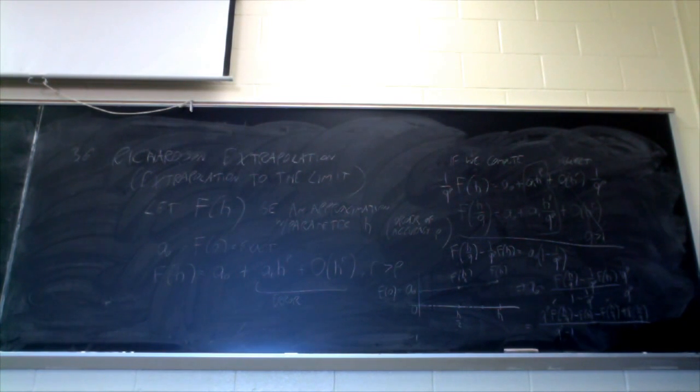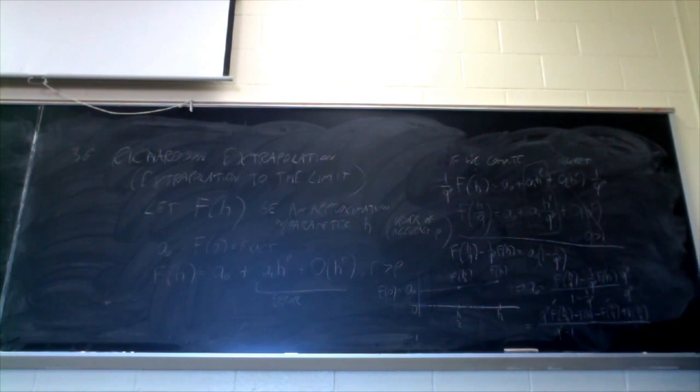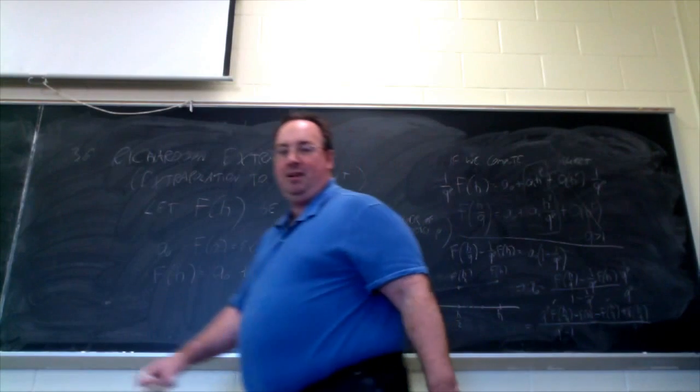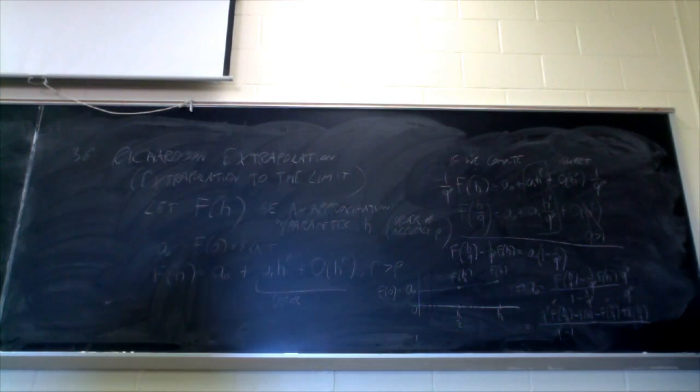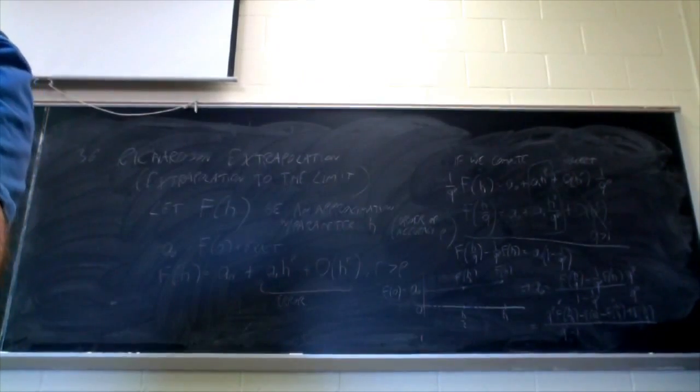Then I have q to the p minus 1 over q to the p minus 1. Those of you at home, well, I guess there's only one of you in this case, can get that.